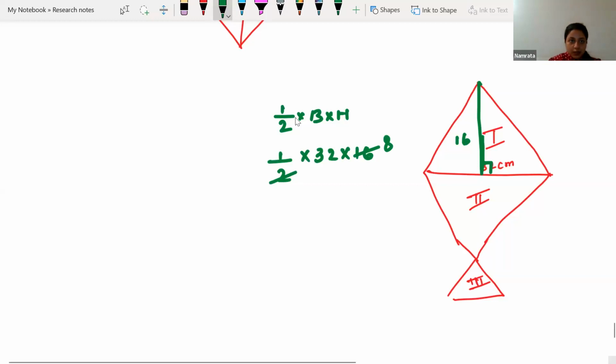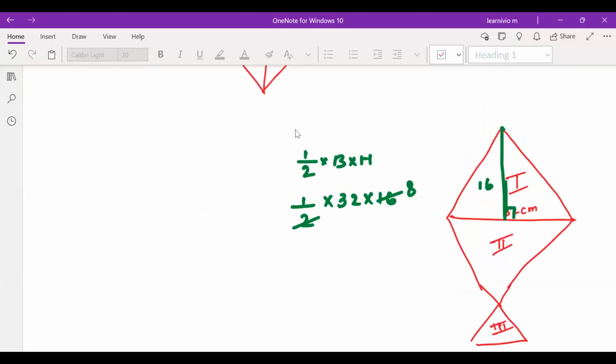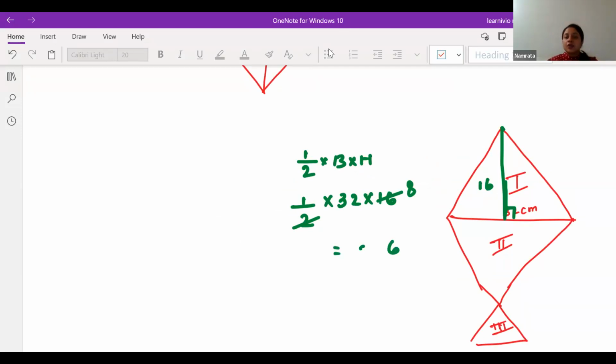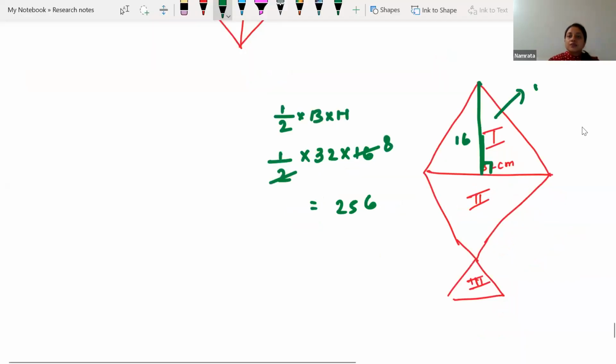Please do the calculation and tell me what exactly we are getting. 32 into 8 is 256. That is the area of the above triangle, the first shaded part, this much centimeter square.